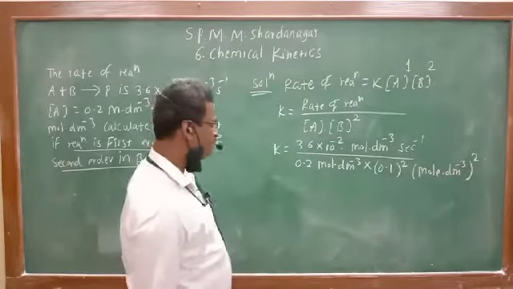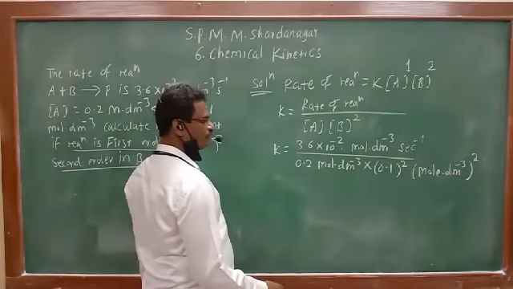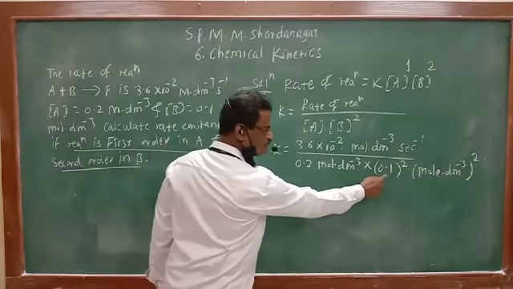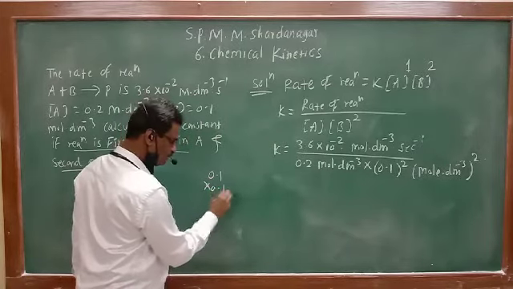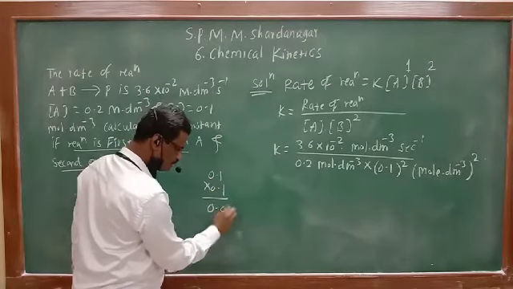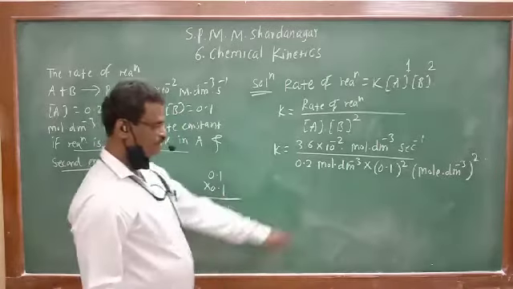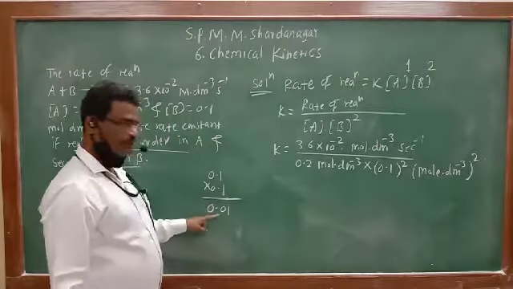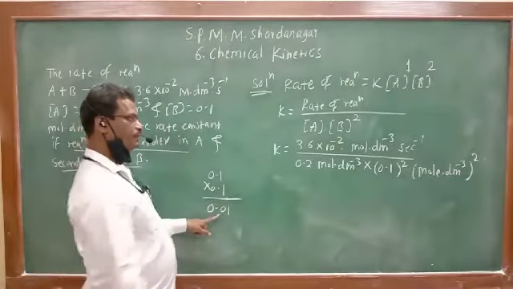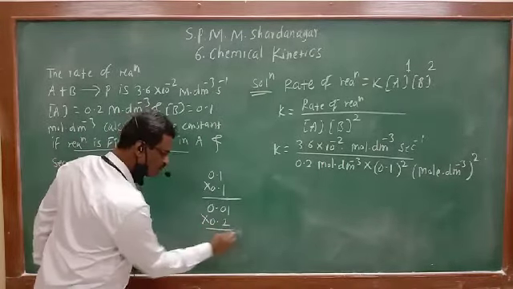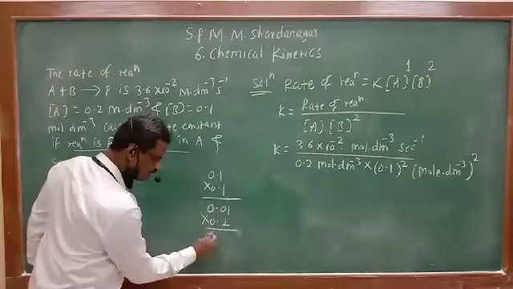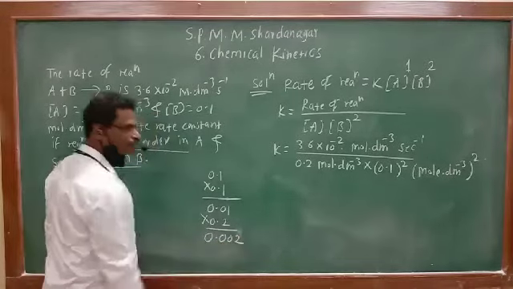Solve it carefully. What is the square of 0.1? 0.1 multiplied by 0.1 is 0.01. The square of 0.1 is 0.01, multiplied by 0.2, so it is 0.002.